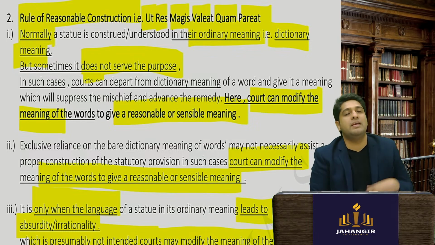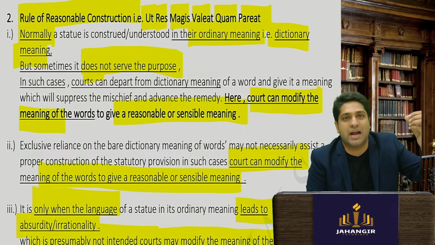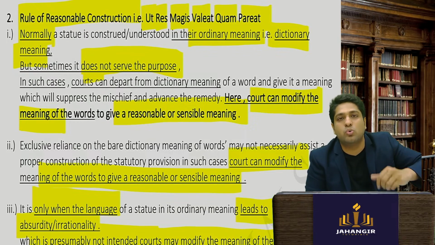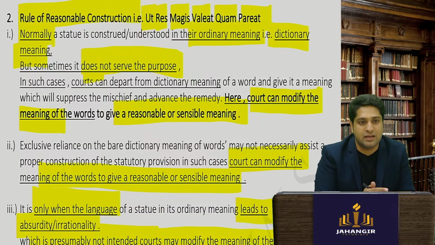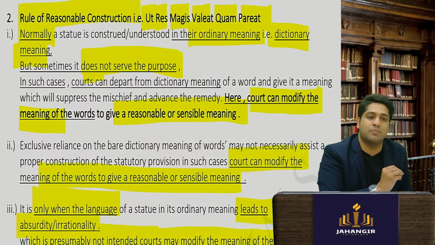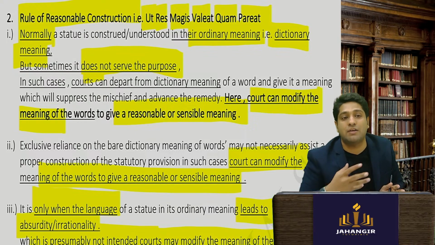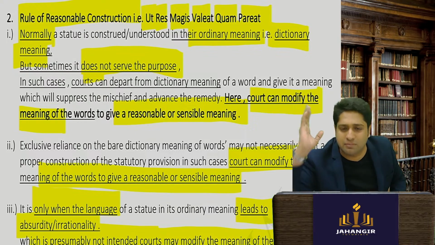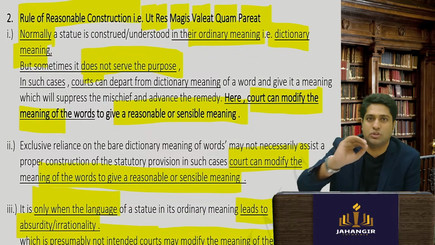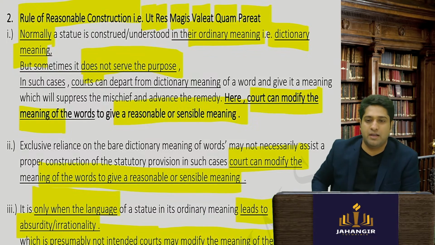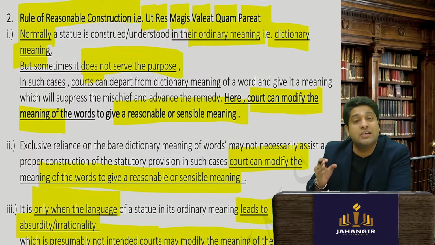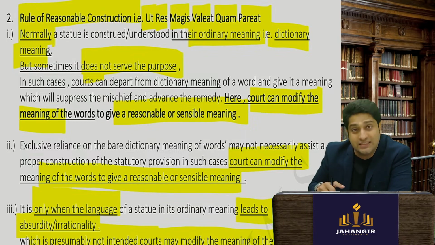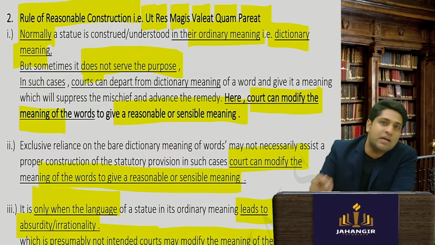Okay, so how do we name it? Normally a statute is construed, understood in its ordinary meaning, dictionary meaning. But if it doesn't serve the purpose, then the courts can depart from the dictionary meaning and give a reasonable meaning. Sometimes, when you are interpreting, you go to the dictionary, but when it is not making sense, then we don't apply the dictionary meaning.